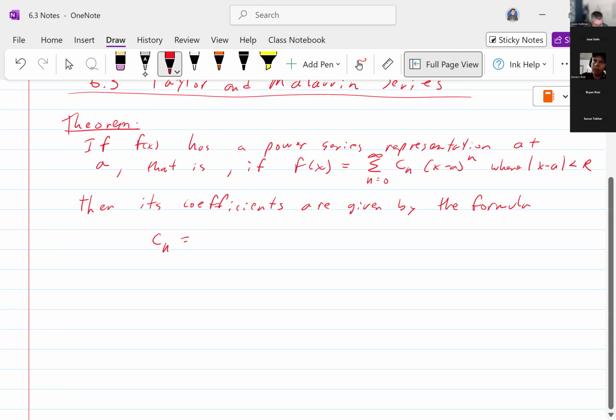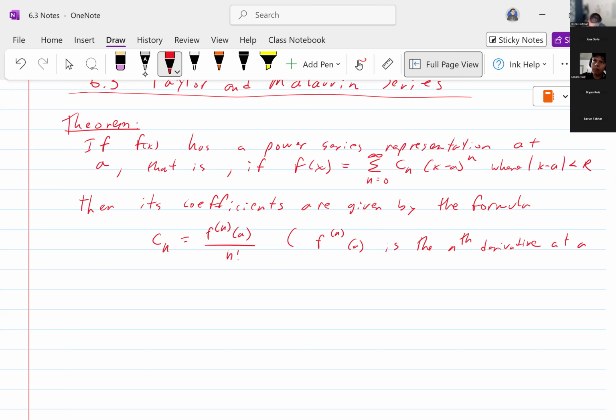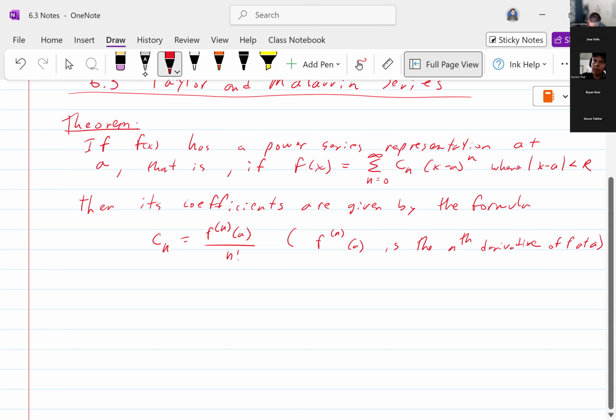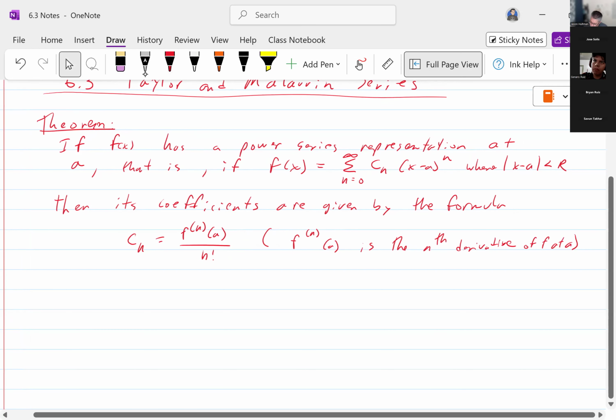Okay, c sub n is equal to the nth derivative of f evaluated at a over n factorial, where f to the parenthetical n power of a is the nth derivative of f at a.